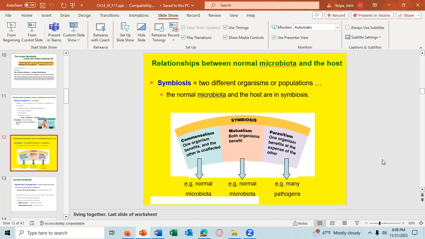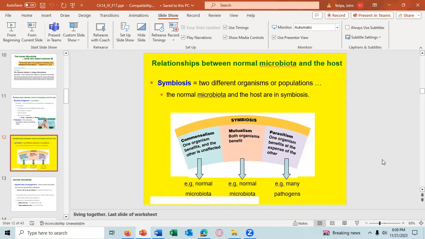Mutualism is maybe the easiest to understand. In a mutualistic relationship, the microbe gets a benefit, and usually they get a home and food from us.